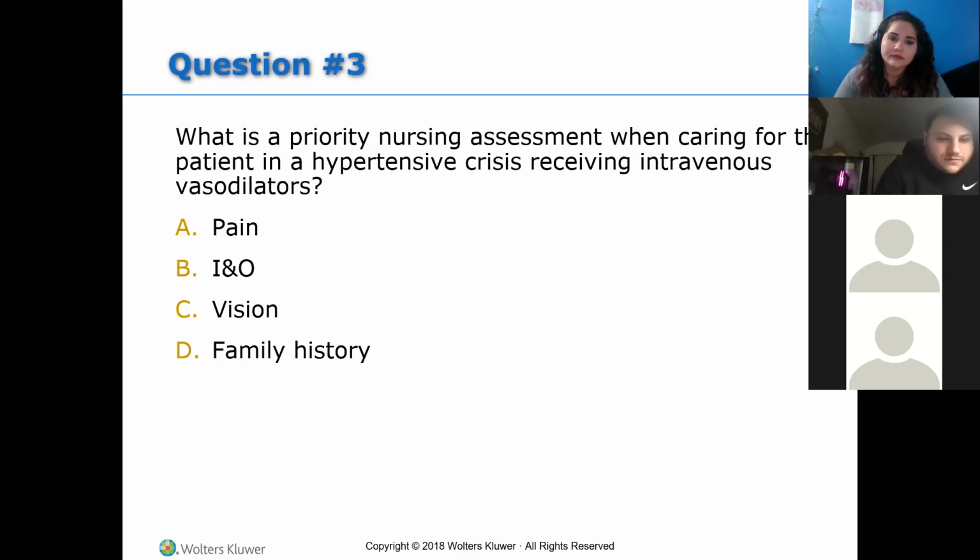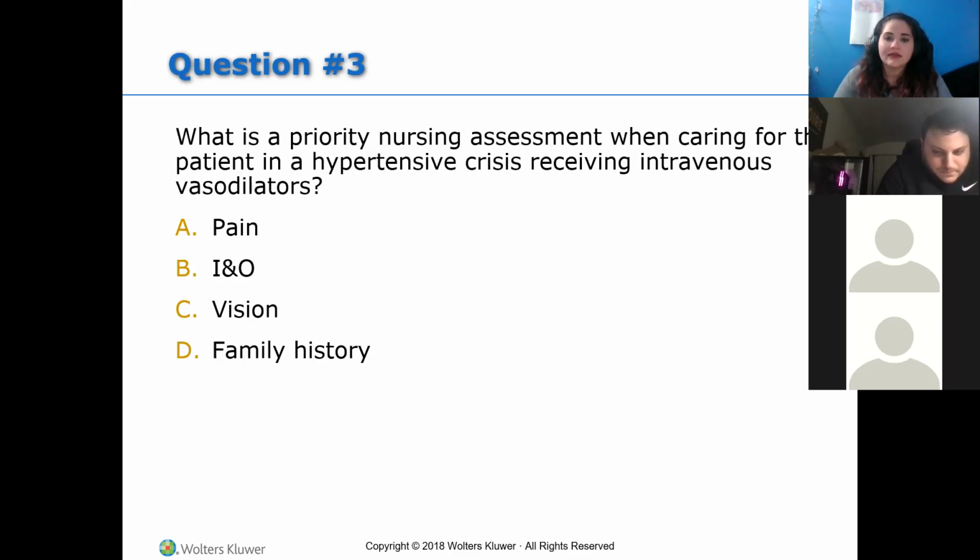Not pain, not family history. We look for hypotension. So vision or intake and output. I think it's vision.